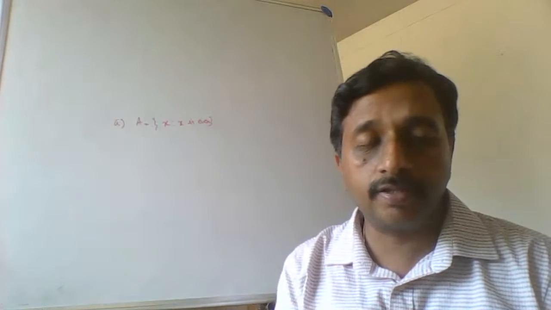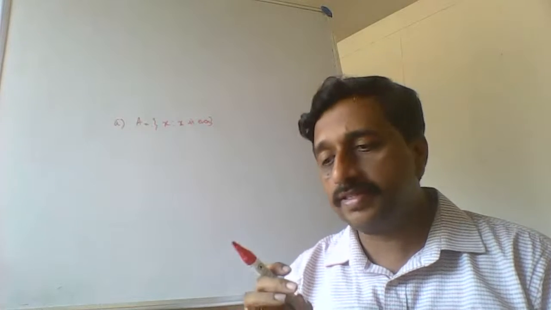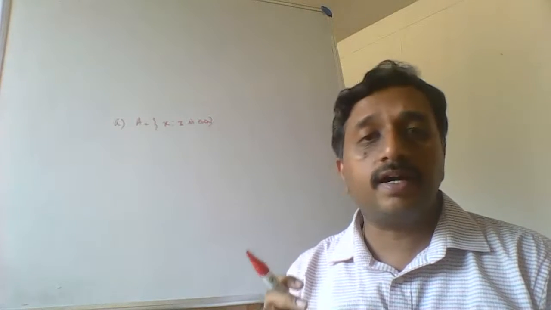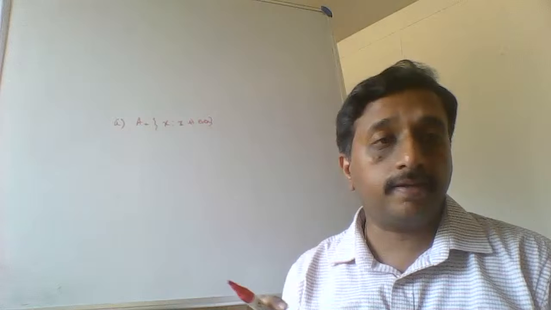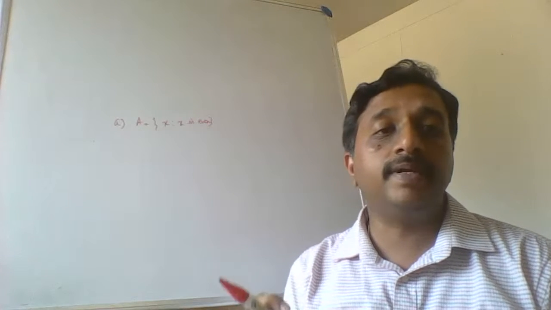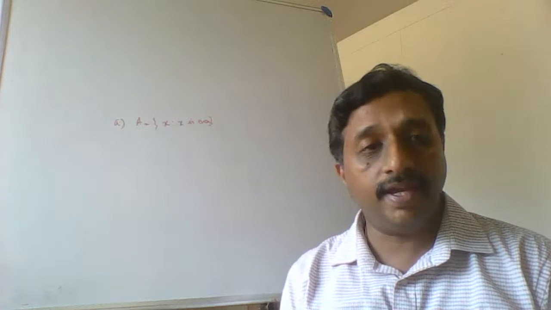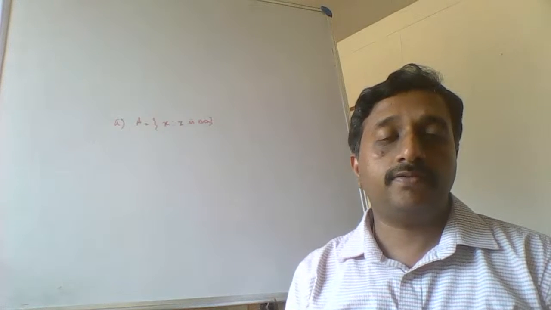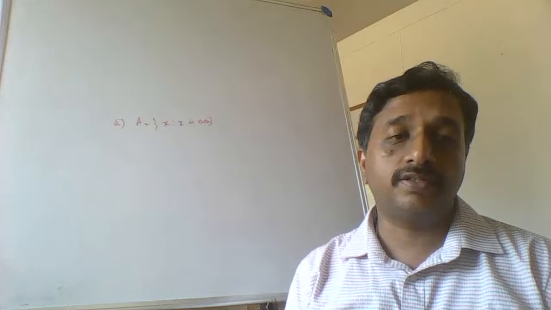Let me repeat the question again. If A is a set whose elements are obtained by adding 1 to each of the even numbers, then what will be the set builder notation of A?